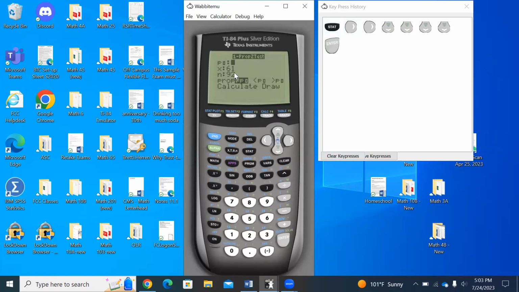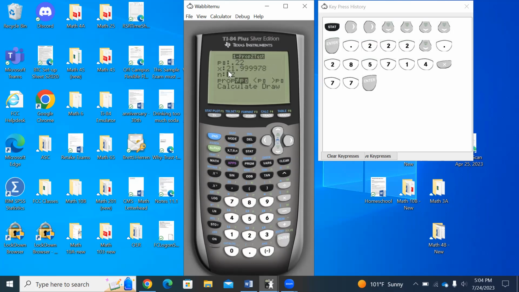So here we are. Again, the P0, remember, was going to be 0.22. The X, now that was 0.285714 times 77.